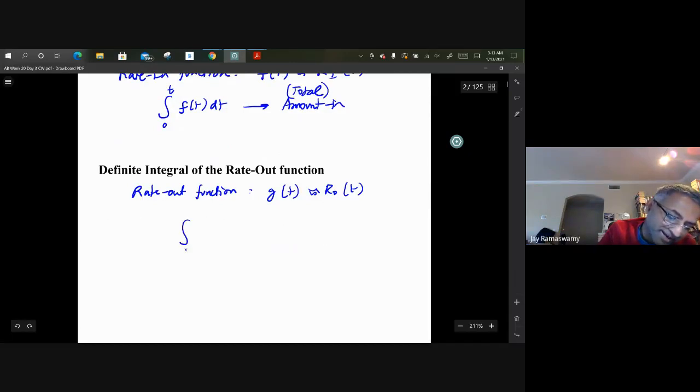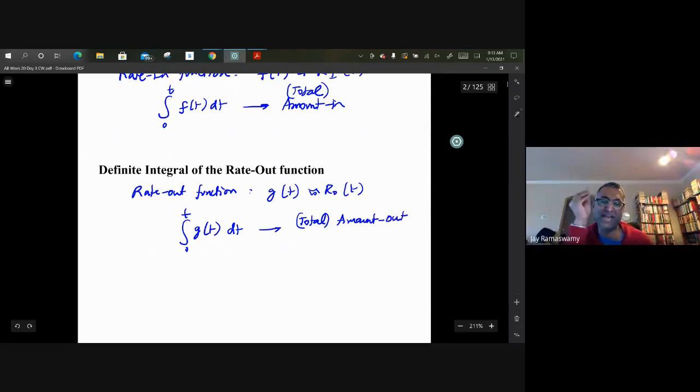So if I integrate the rate out function, that will give you the amount out, so the total amount that left, correct? When I say amount out, I mean how much left. Is that clear? What is the total amount that left?